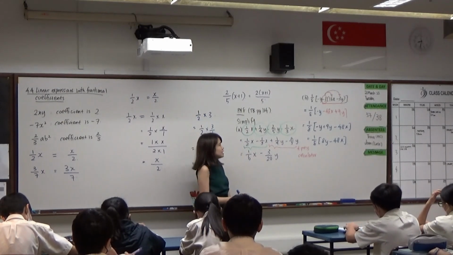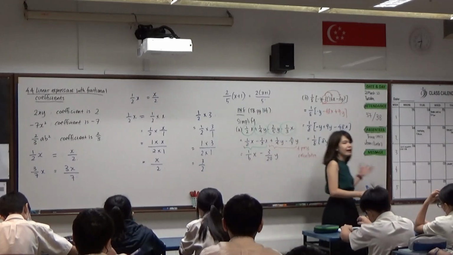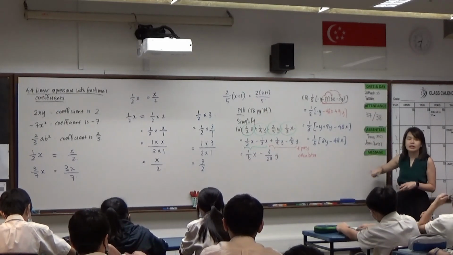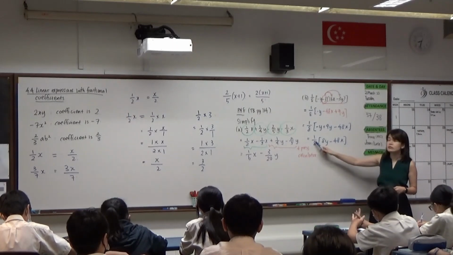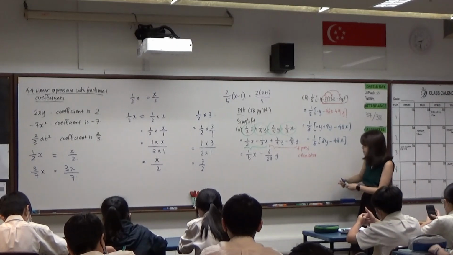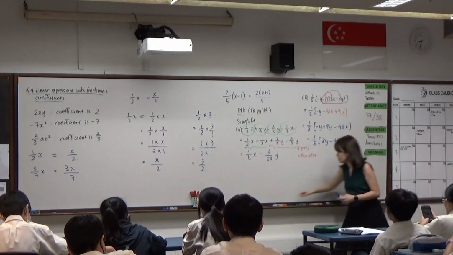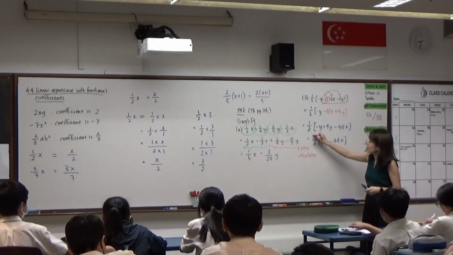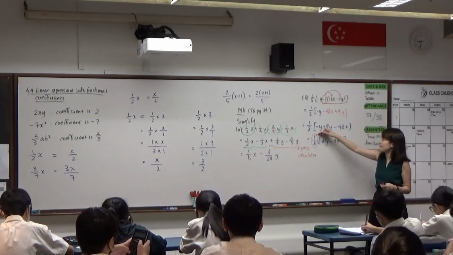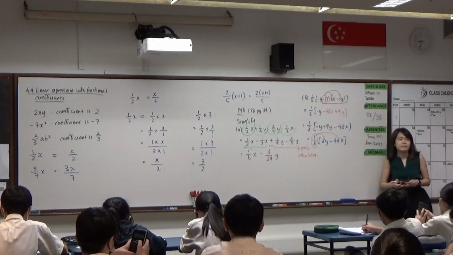Nothing else for us to simplify inside the square brackets anymore. What we need to work out is to expand by considering this 1 over 8, and we do our rainbow and multiply inwards.